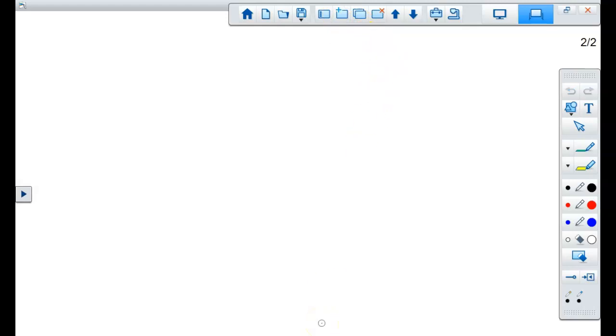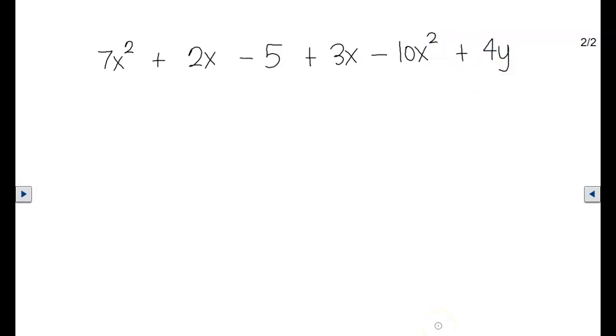All right, so what I'm going to do here is I'm going to write a problem on the board. 7x squared plus 2x minus 5 plus 3x minus 10x squared plus 4y minus 9.